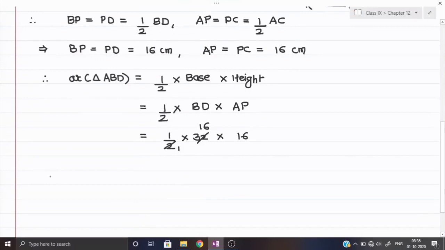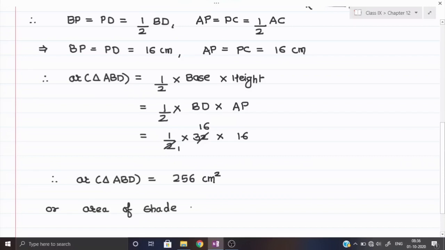So we can say that therefore area of triangle ABD is equal to 256 centimeter square, or we can say that area of shade 1, that is our first color, is equal to 256 centimeter square. This will be your first answer in the question.